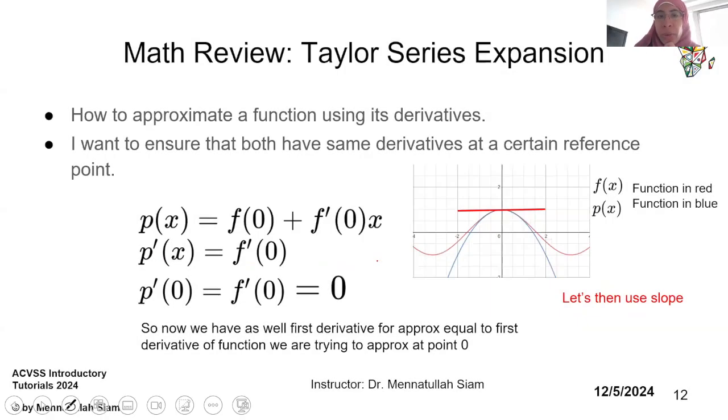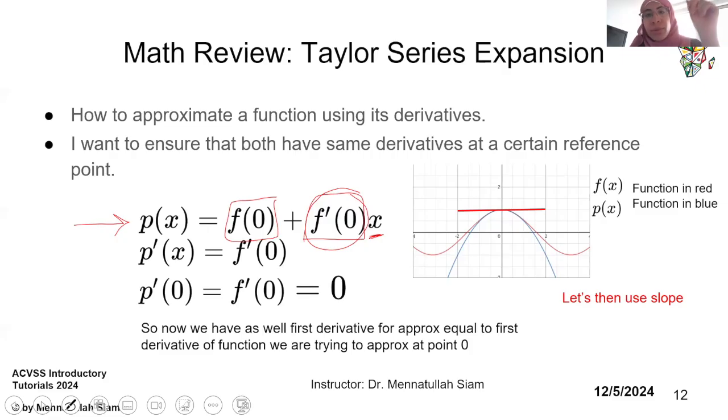So one thing we can do is start using the derivatives. I can tell my function, p of x, which is the approximating function, to be equal to f of 0 plus f bar of 0, which is the first derivative, multiplied by x.